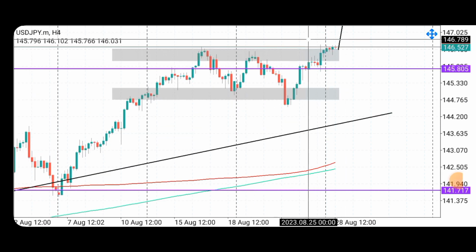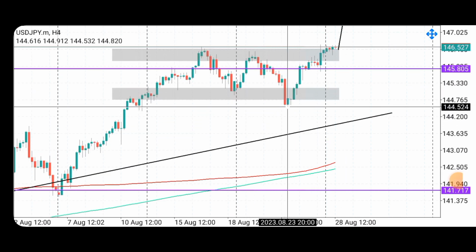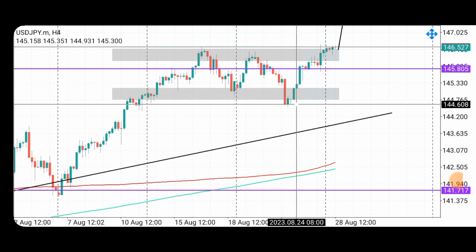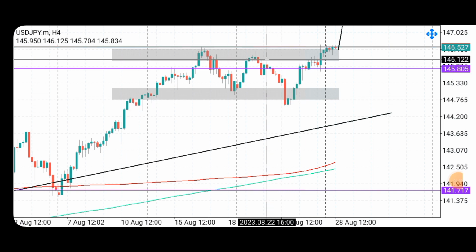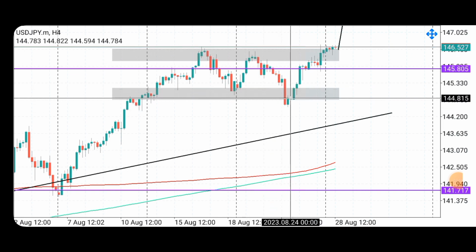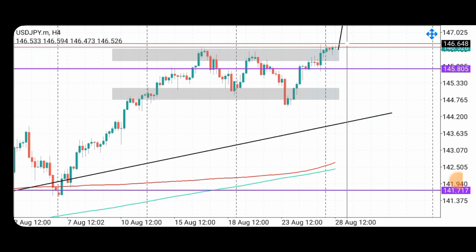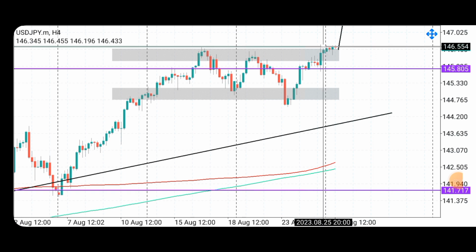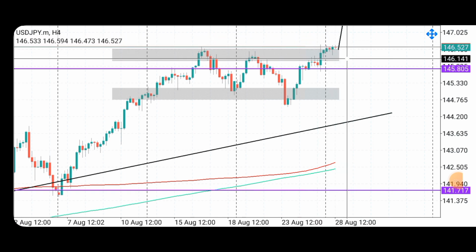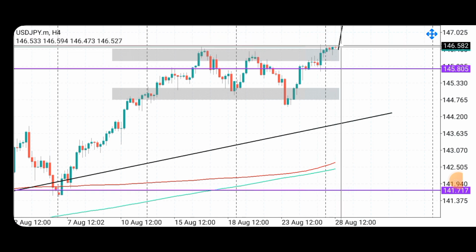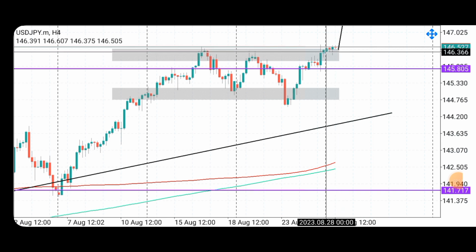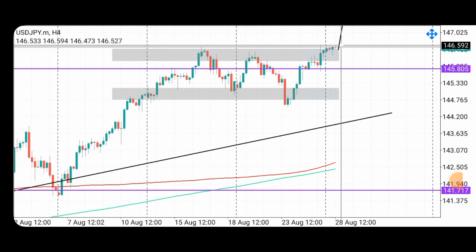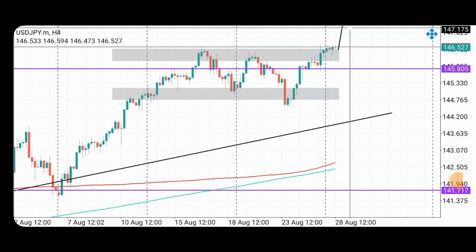Currently price has pulled back. If you watch the previous USDJPY analysis video, I'll drop the link so you can see how we discovered this. Price was here, it dropped, and I anticipated that it was going to buy from there. Price has reached the zone, the target that I anticipated, and currently we are in a consolidative state, waiting for buyers to come in. As soon as buyers come in, we'll start to see price impulse.